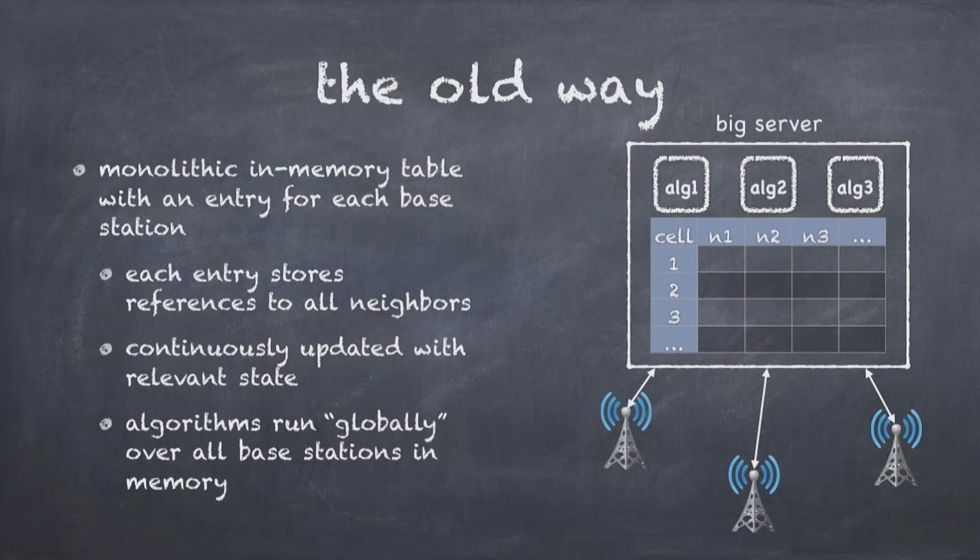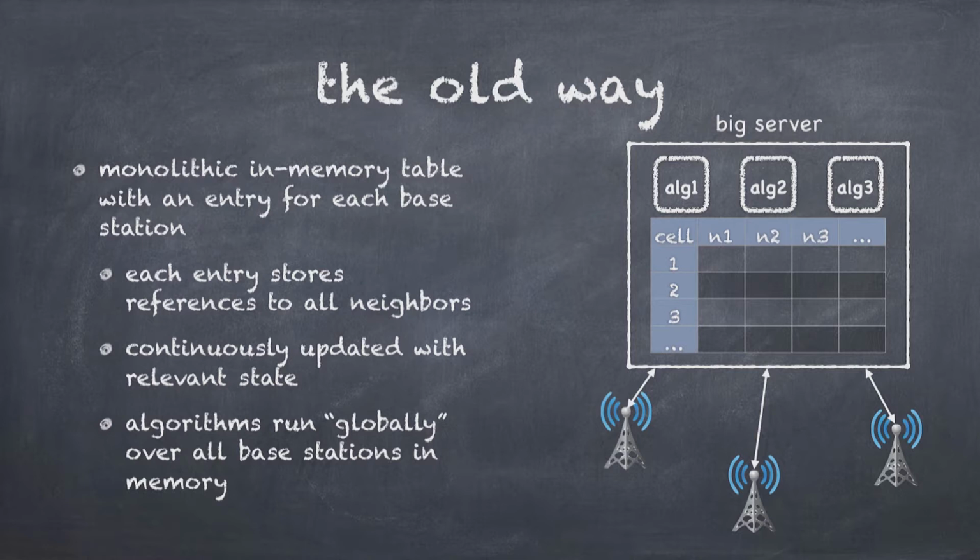So, roughly speaking, the old way of designing such a system would be to have a big server, and on this big server you have a big table, and in the big table you basically have one row for every base station that you're trying to optimize. And stored for each entry, for each base station, you'd have a list of all of its neighbors, and in addition, all of the relevant state from the base station.